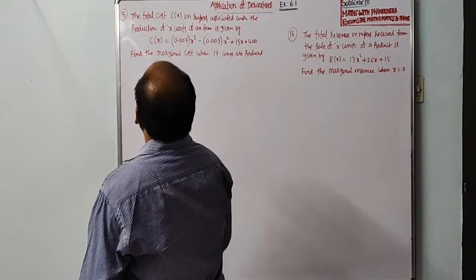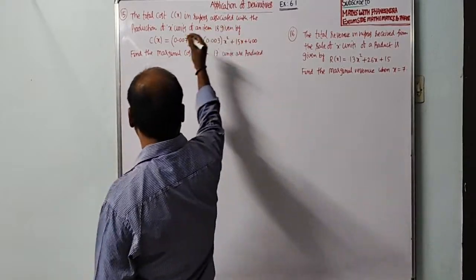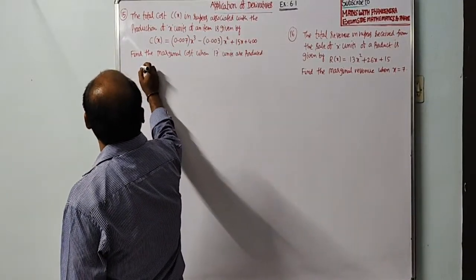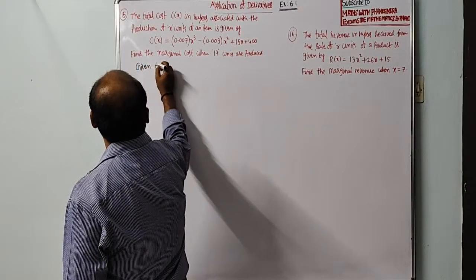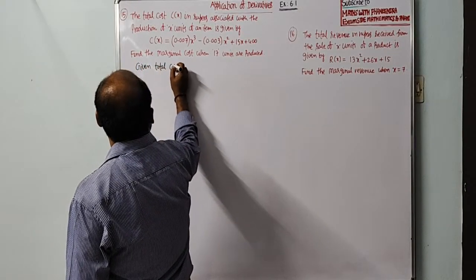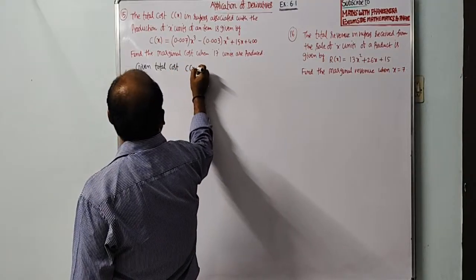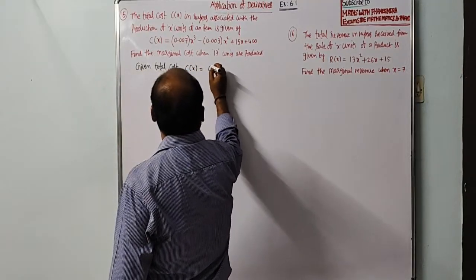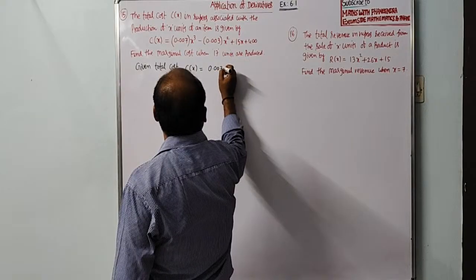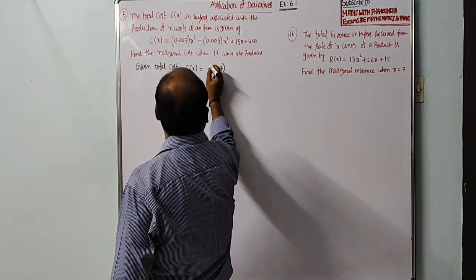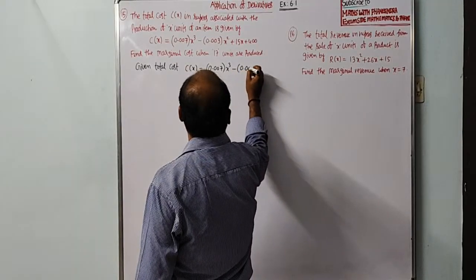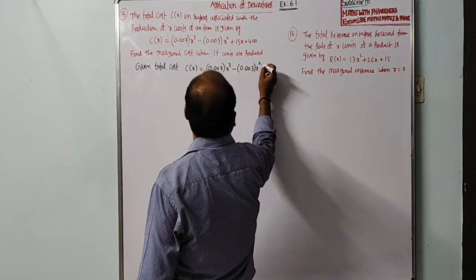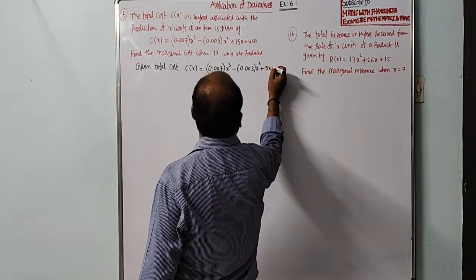The total cost C of x in rupees is associated. So the given total cost C of x is equal to 0.007 x cube minus 0.003 x square plus 15x plus 400.